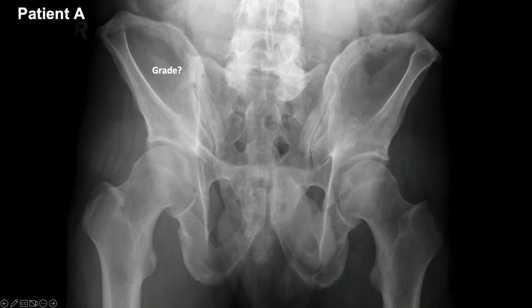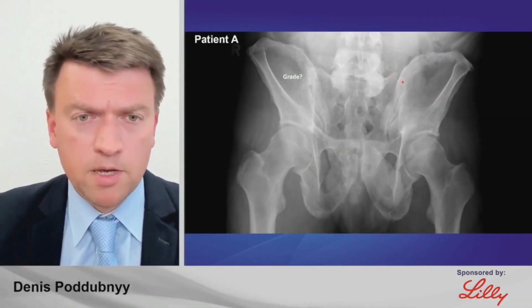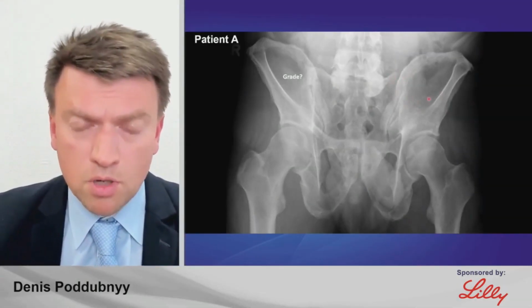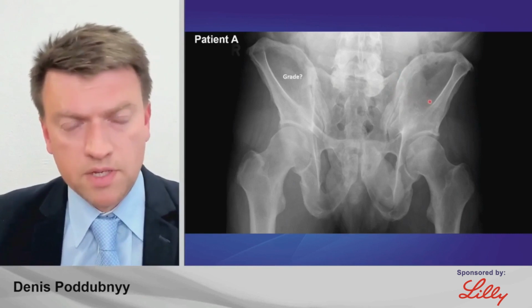What you see here is a so-called Ferguson view of the pelvis. This is a good method to depict also the upper portion of the sacroiliac joint, because in the conventional AP view of the pelvis, this part is quite frequently obscured because of natural overlap due to the complex configuration of the joints.